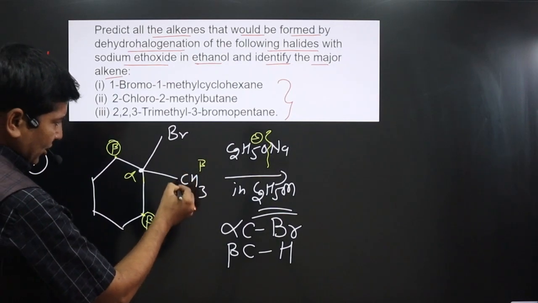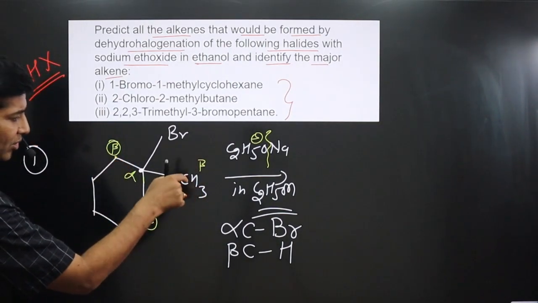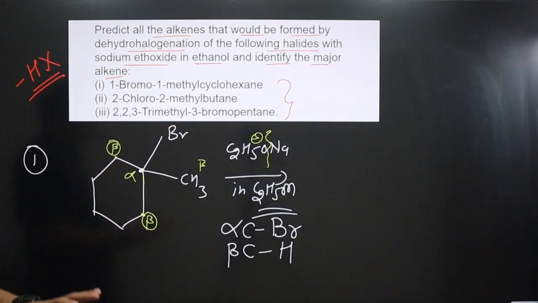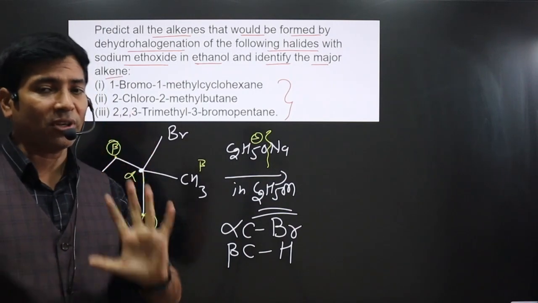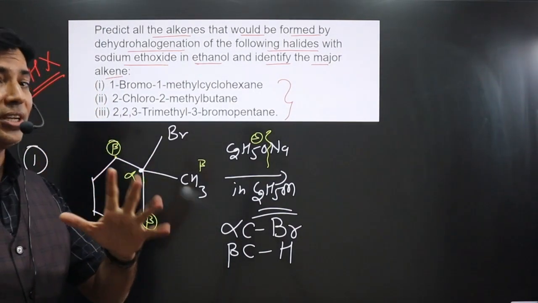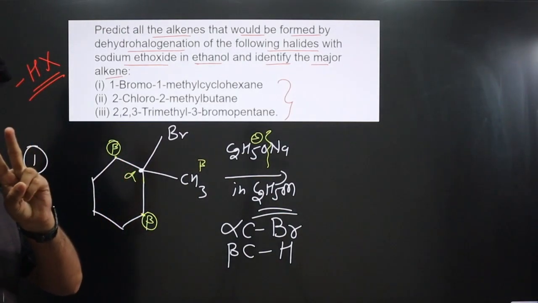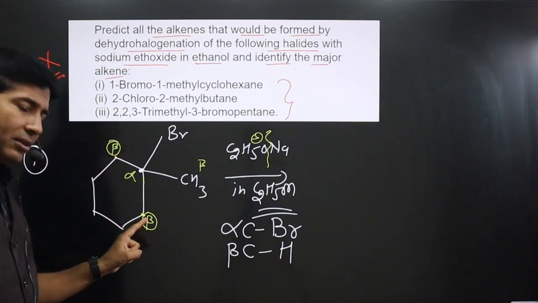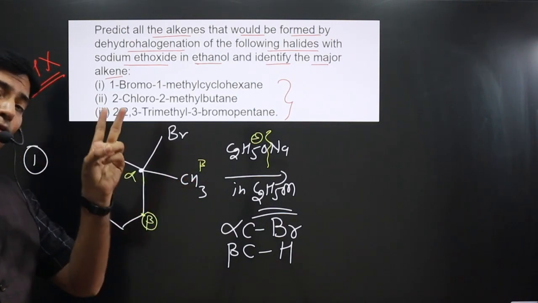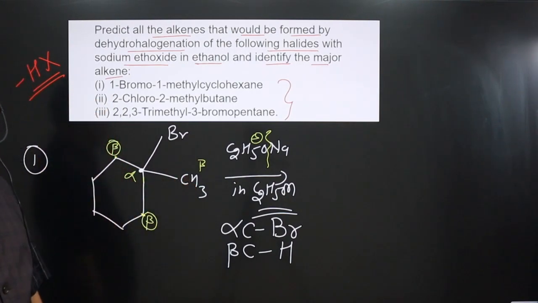But the CH3 beta carbon is different from these two, so we get one product from here and one from there. So in this reaction, two products are possible, because there are two types of beta carbon: CH2 and CH3.